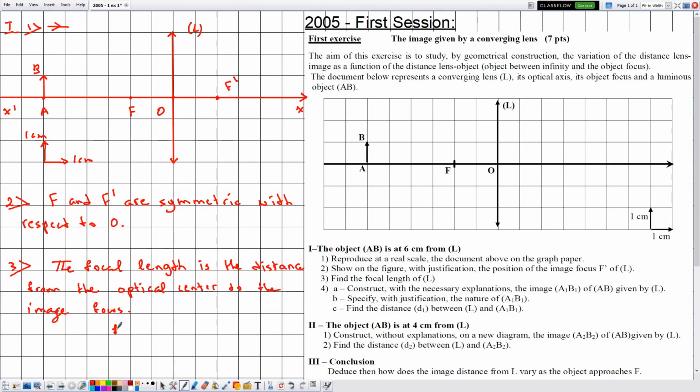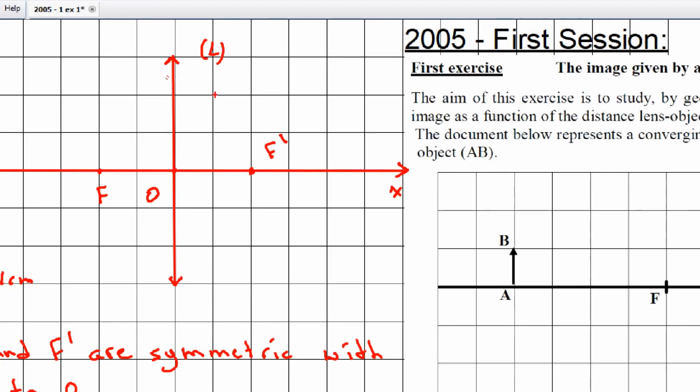So the focal length is equal to the distance from the optical center, which is the point O, to the image focus, which is the point f prime, and we don't forget the bar because this distance may be positive or negative. So f is equal to O f prime bar, which is the distance from O to f prime.